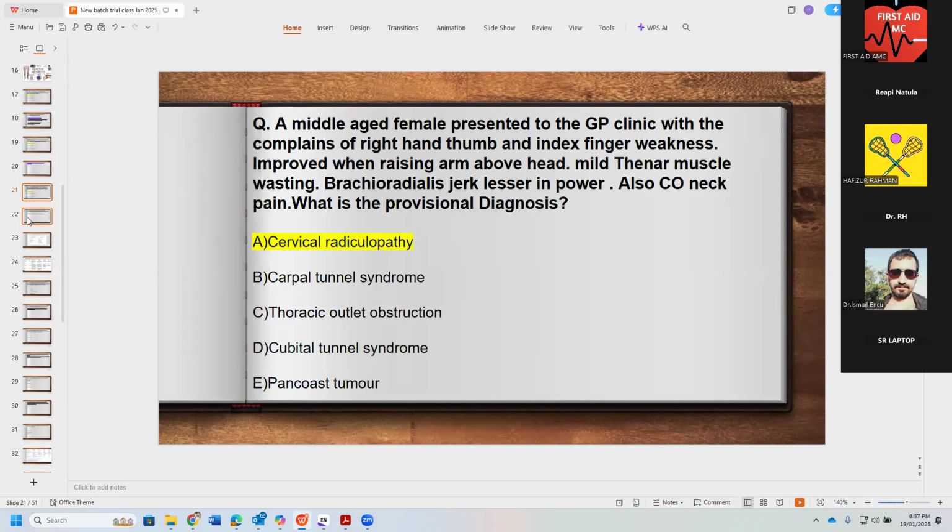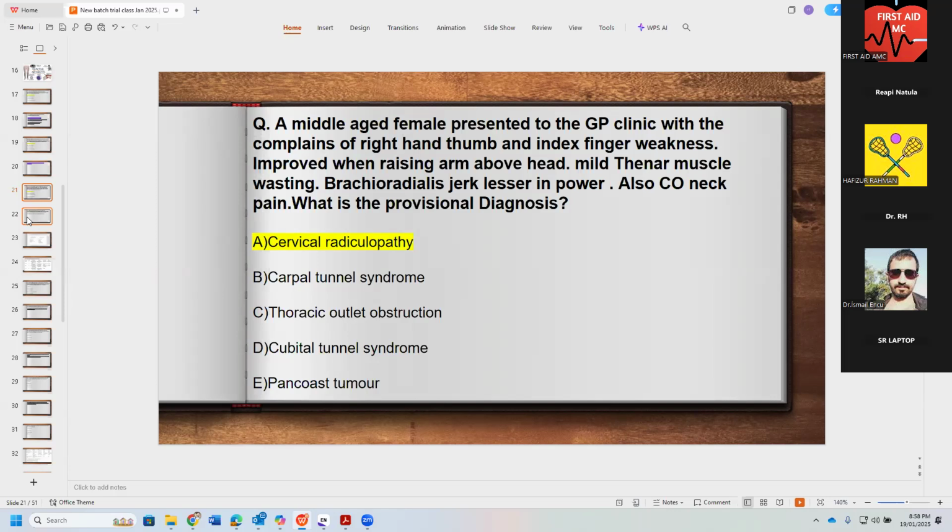When you have a Pancoast tumor, it can affect one of the ganglions that lead to our, especially the third nerve. So it can present with miosis, ptosis, and anhidrosis. It's cervical sympathetic nerve compression, basically.